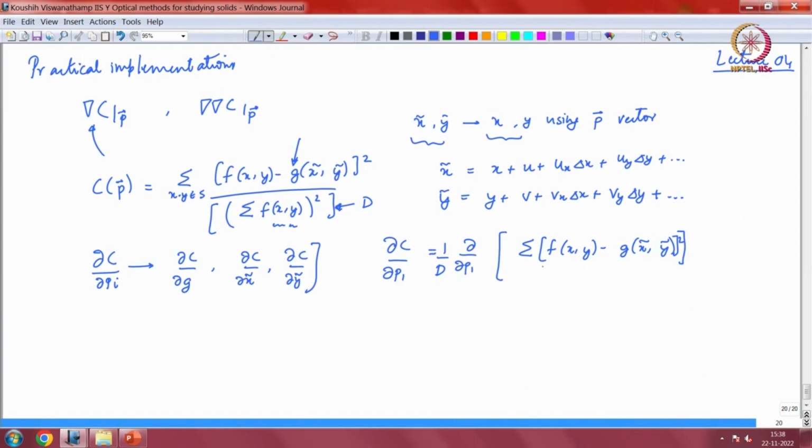So, if you want to do this, then you use the chain rule, of course, this goes in, so this will be 1 by D, derivative of this again you need to take it with respect to g, and so if you do derivative of this guy you will get 2 times just that sigma f of x y minus g of x tilde y tilde, and because it is the chain rule you do dou g by dou Pi or dou P1.